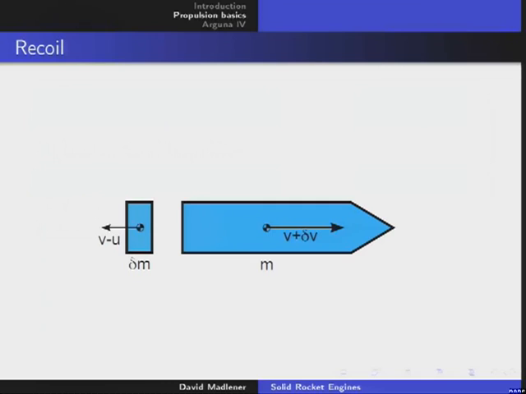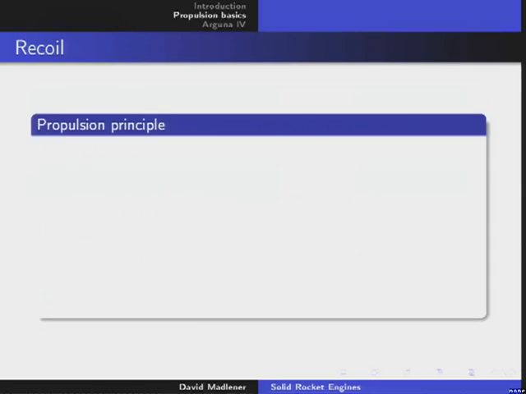And of course, if it's a closed system, the linear momentum must be constant, and then we get to this equation. On the left side, we have the momentum before and after the separation of the little slab of mass.